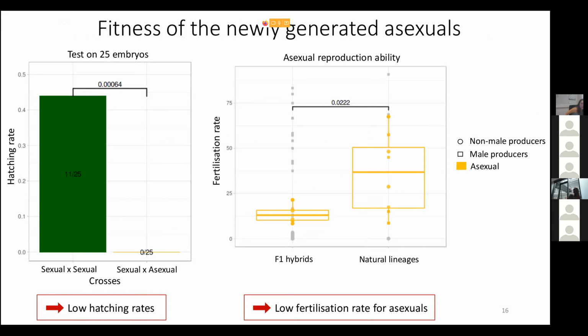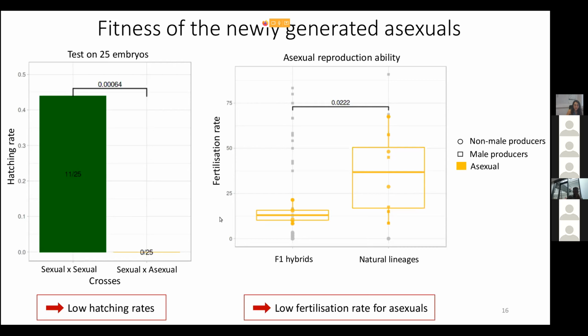The second thing that I would like to talk about is the fitness of this newly generated asexual. First, we in fact had several issues because the hatching rate success of sexual-asexual crosses was very, very low compared to the sexual interpopulation crosses, which were our control.